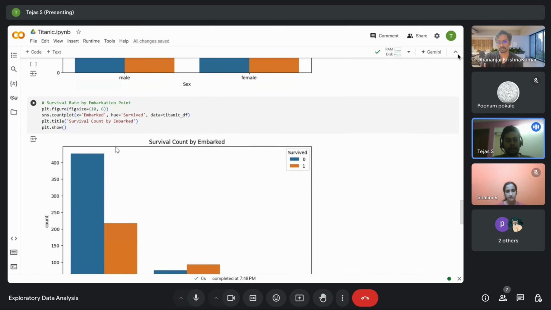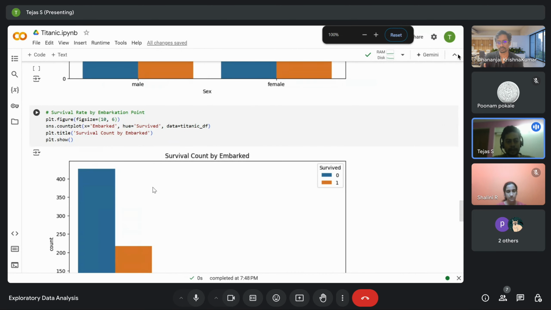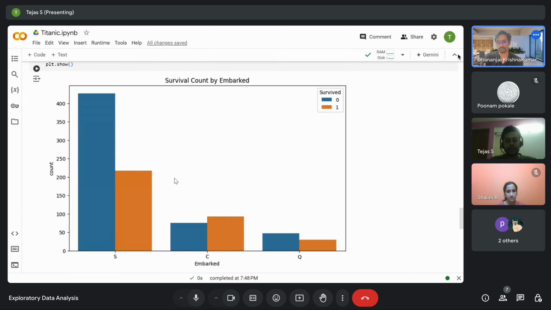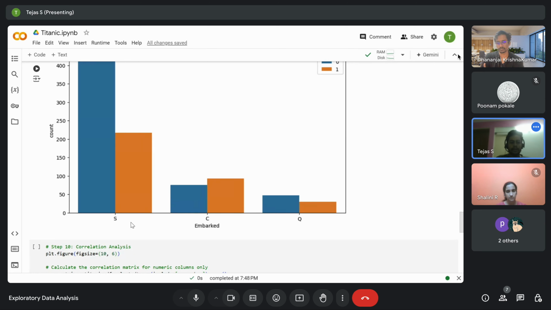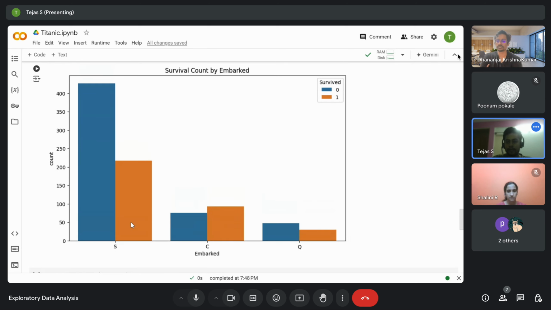So next we have survival rate by embarkation point, that is the point where the passengers boarded. S represents Southampton here. We can see that many of the passengers who boarded from here have not survived, and for the people who boarded from Cherbourg, the survival rate is a bit higher as compared to those who boarded from Southampton.